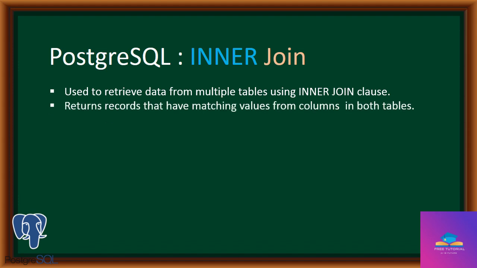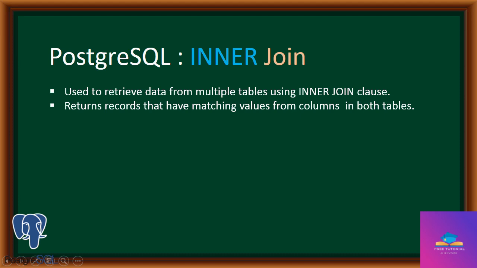So any record returned from using the inner join will have matching values from the columns in both tables. What that means is that the participating tables must have matching columns. For example, if one table has a column called Joe Blogs, the other table must also have a column called Joe Blogs.